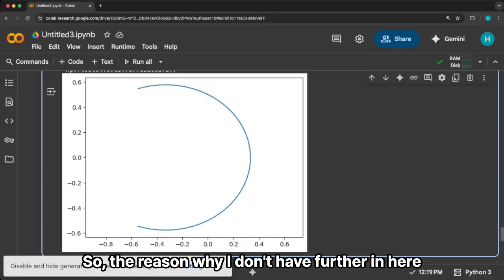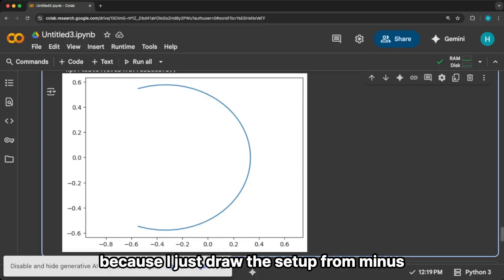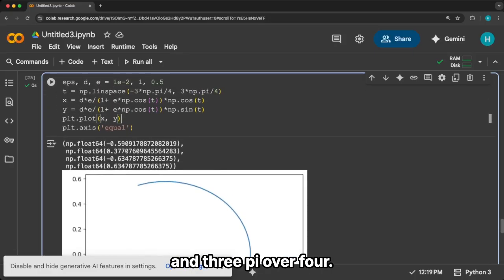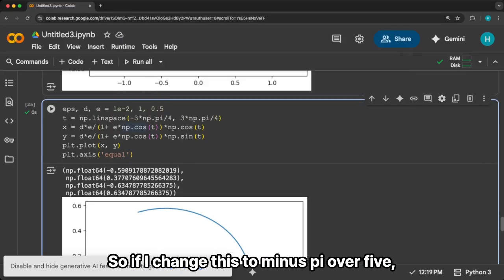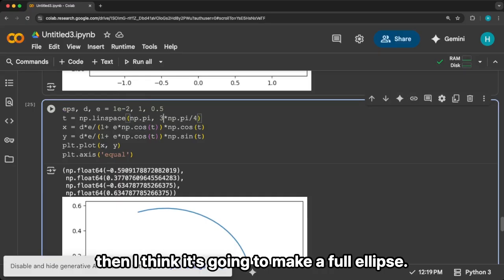The reason why I don't have further in here is because I just drew theta from minus 3 pi over 4 to 3 pi over 4. If I change this to minus pi, then I think it's going to make a full ellipse.